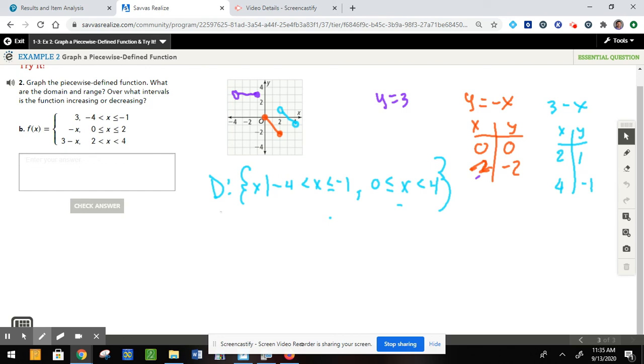For range, you kind of have a similar issue where it's not continuous all the way through. So the first part I can say is the lowest part is at -2.